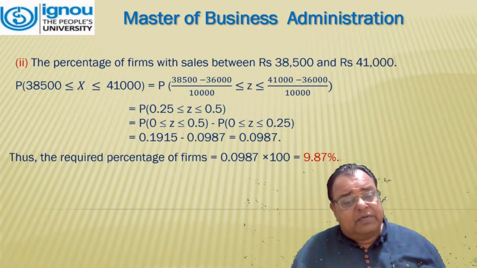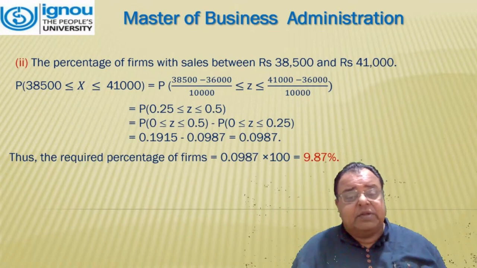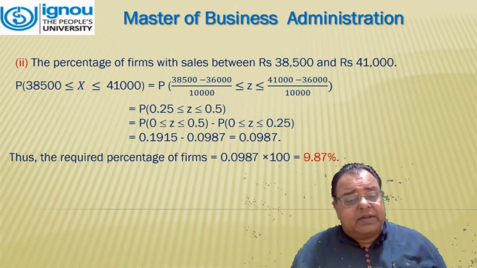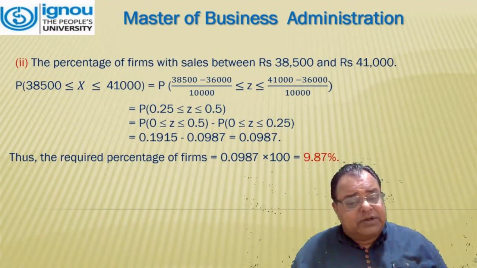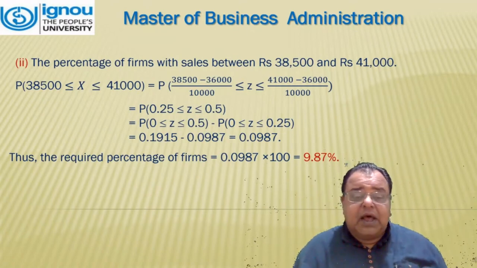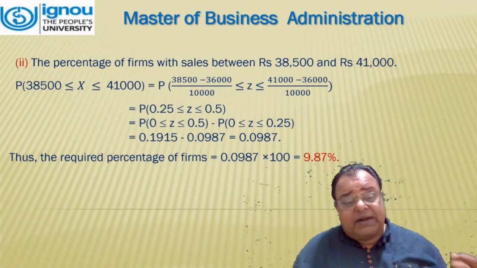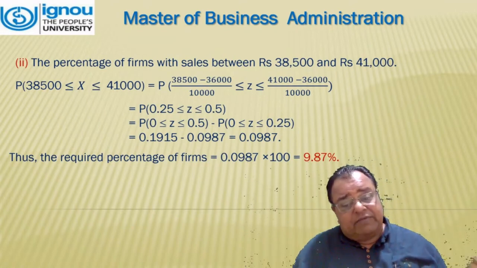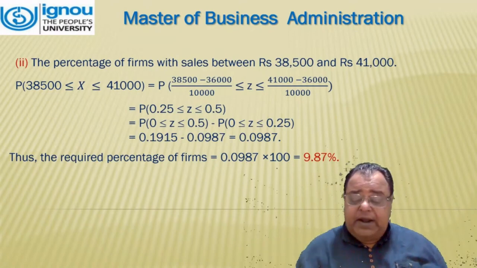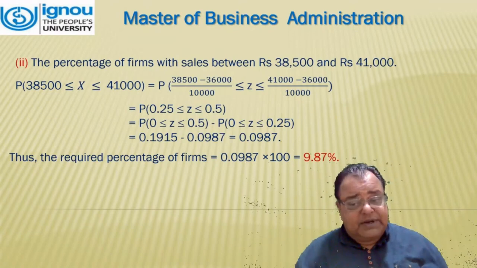Taking the values from the normal distribution table, we get the value for 0.5 as 0.1915, and for 0.25 we get 0.0987. After subtracting, we get 0.0987. Since our question stated that we have to find the percentage, we have to multiply this number by 100 to get the answer in percent.